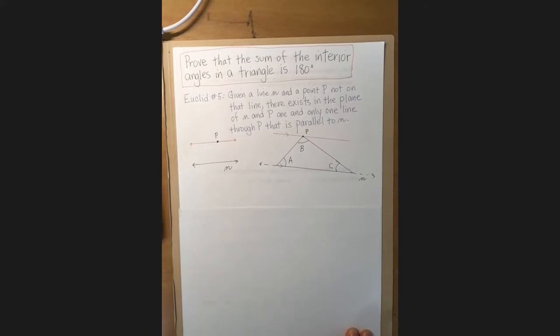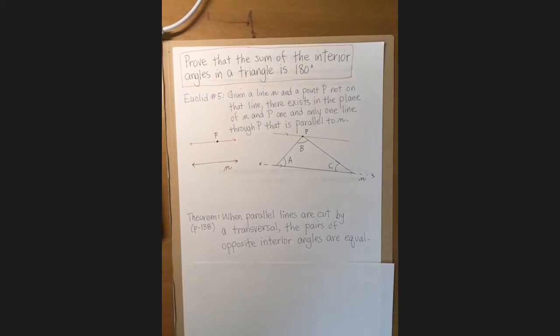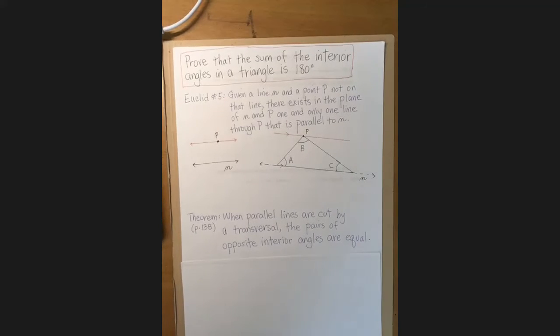And we've used Euclid to get this far, but now we need the theorem that's on page 138. That theorem says, when parallel lines are cut by a transversal, the pairs of opposite interior angles are equal.